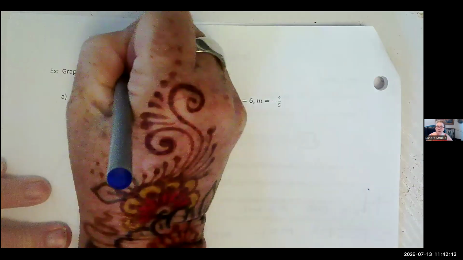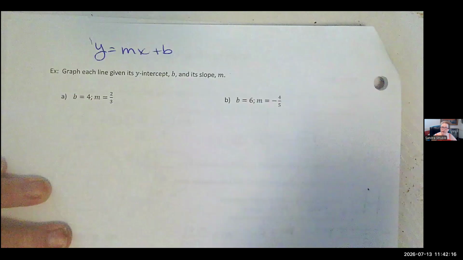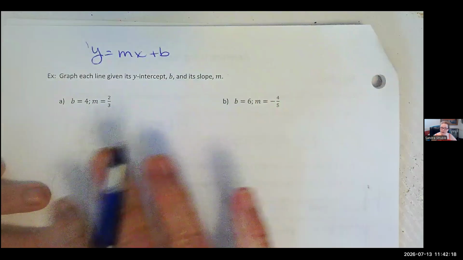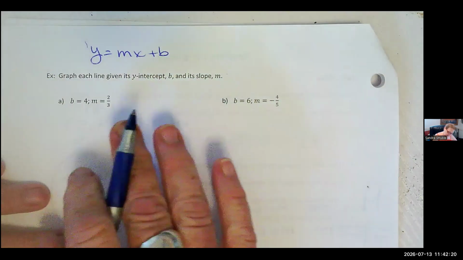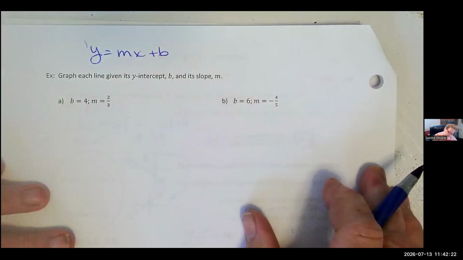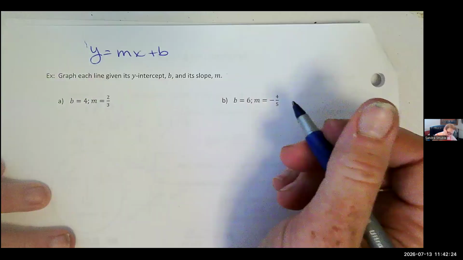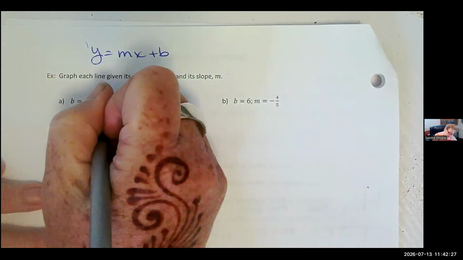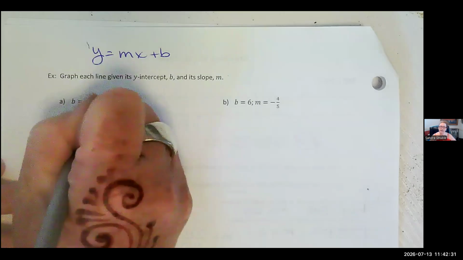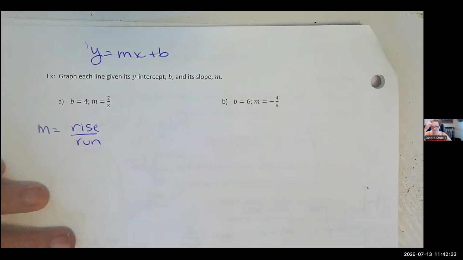So we could make a line right now, but they're wanting us just to graph the line given these two things. So remember when I said in the earlier part of this video that your slope is your rise over your run. And I said your rise could be a negative or a positive.